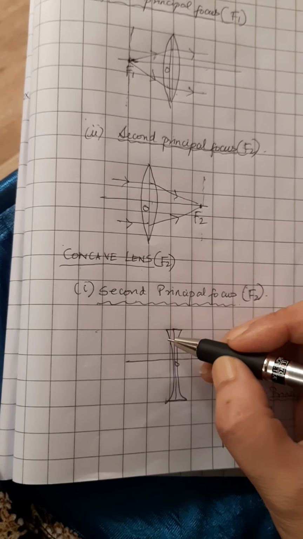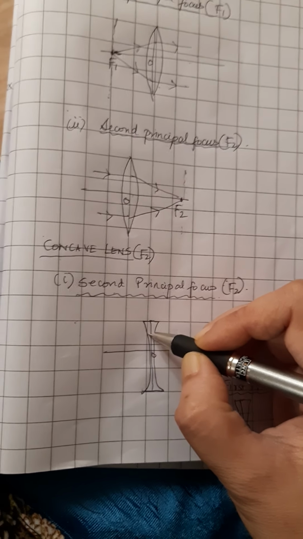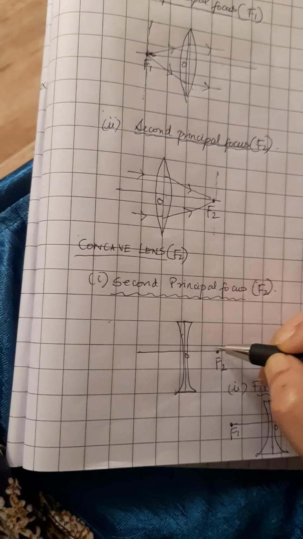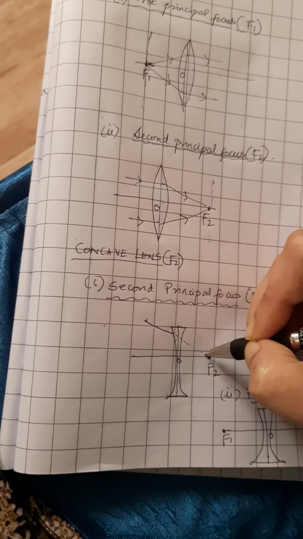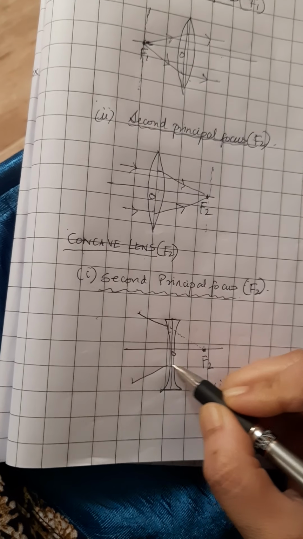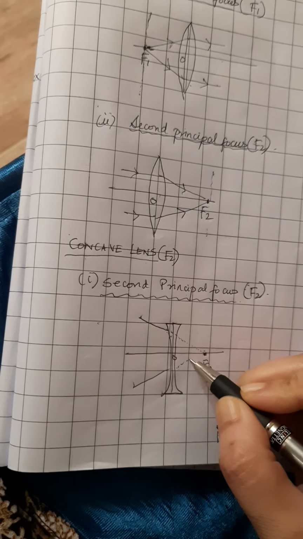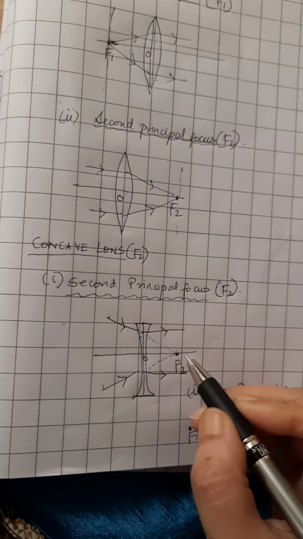Rays of light which fall here are supposed to converge in the direction of the second principal focus, but because of refraction they are going to emerge parallel to the principal axis.